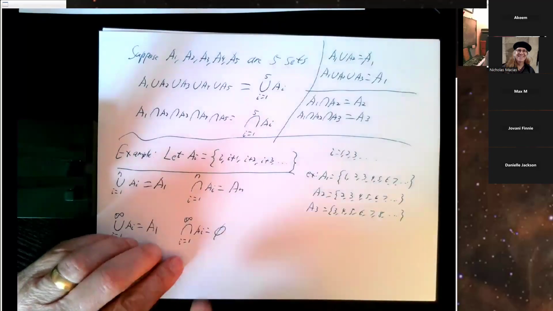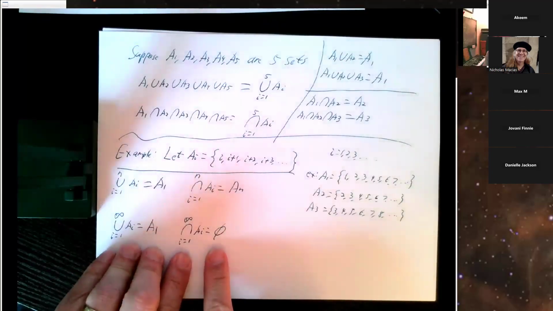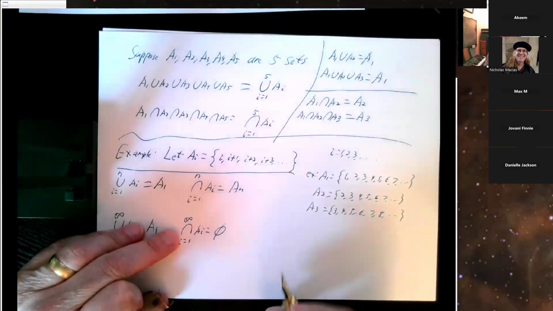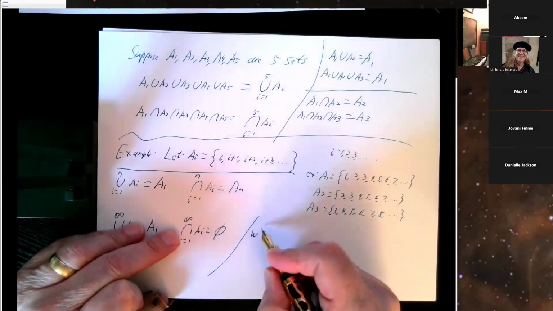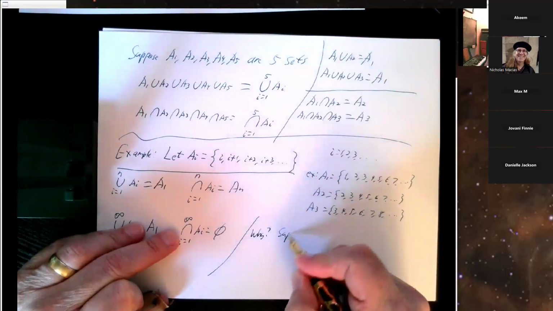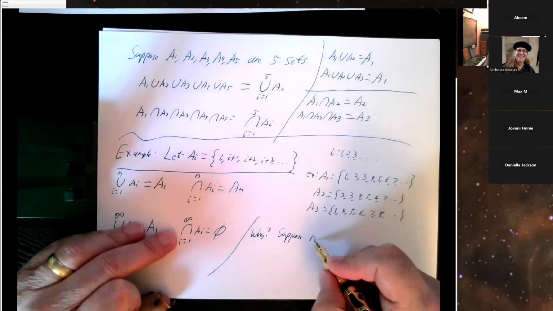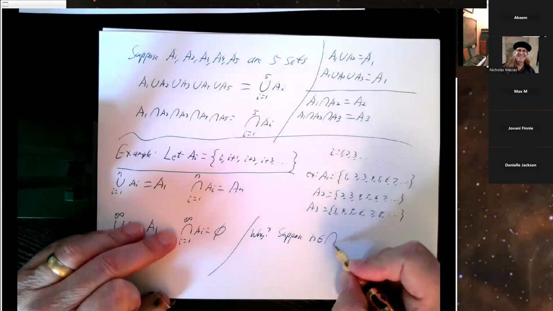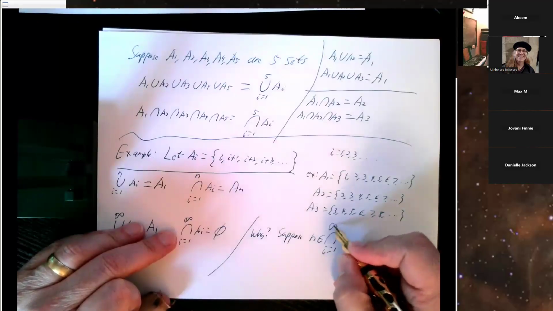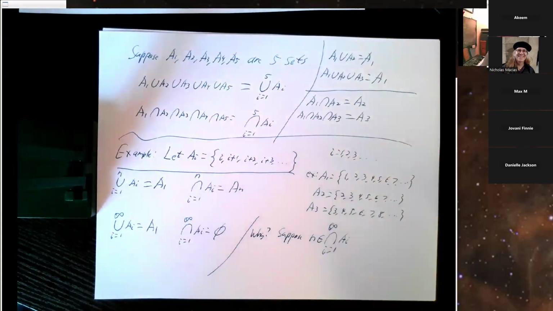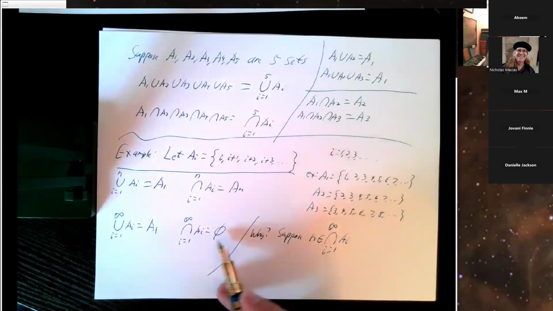But we can argue as to why this has got to be the case. So suppose this intersection is not empty. Suppose there's some number n which is in this intersection. And maybe it's a really big number, maybe it's 17 trillion and 5. But suppose there's at least one number in this intersection.